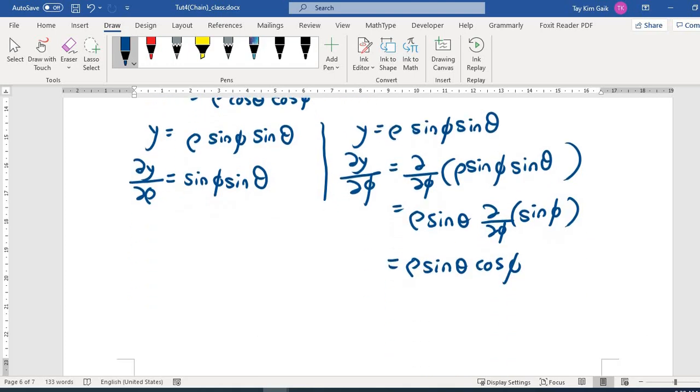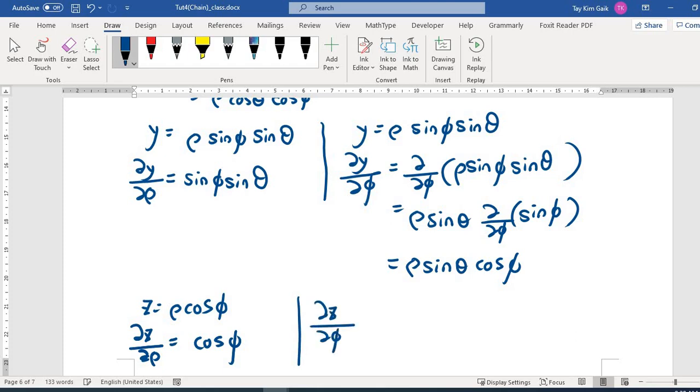And then z is rho cos phi. So del z del rho, we have cos phi. And then your del z del phi, it will be del phi rho cos phi.